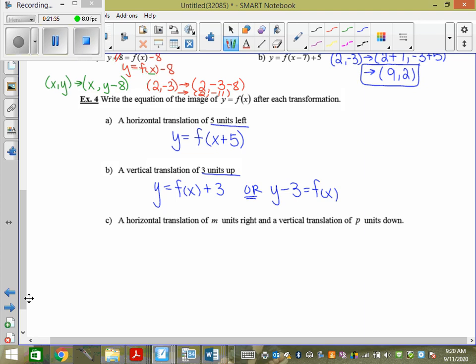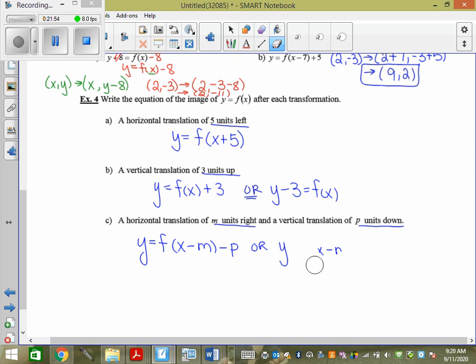C, a horizontal translation, m right, and p down. You're going to get y equals f of x minus m, and y plus p equals f of x minus m.